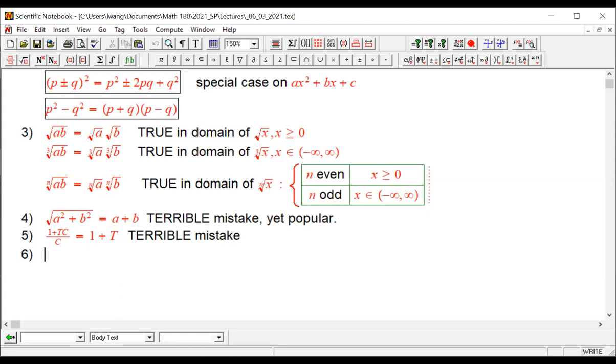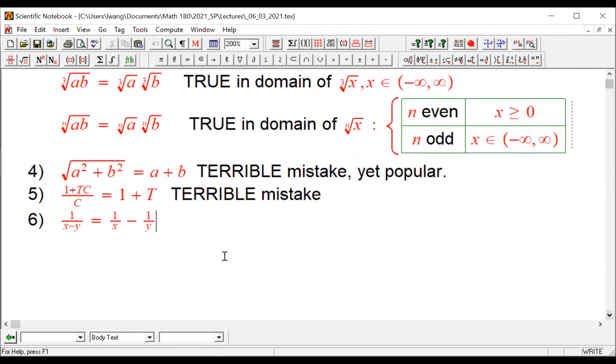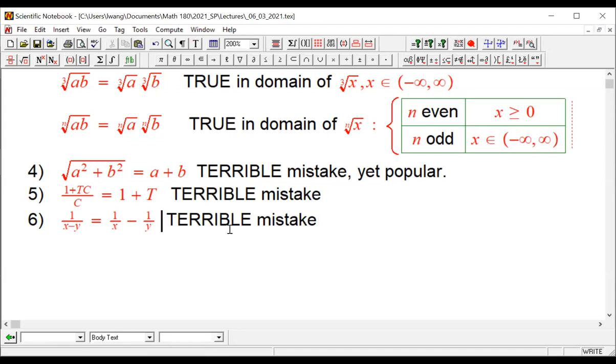Number 6, this mistake is absolutely unforgivable. I don't know why we see this mistake. It is a terrible mistake, and it reflects that the person is very weak in algebra.